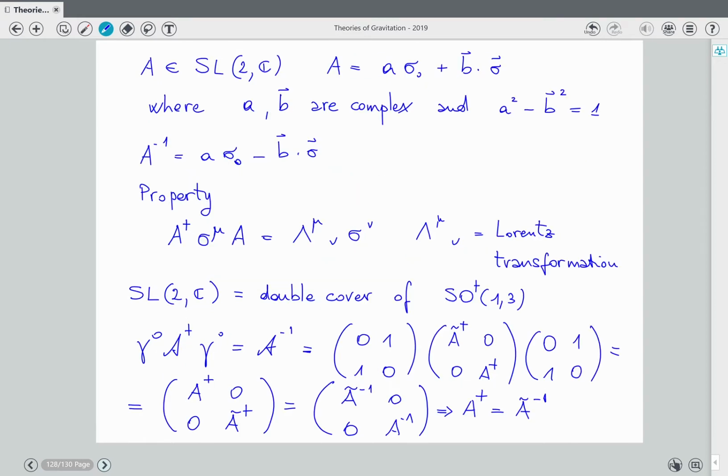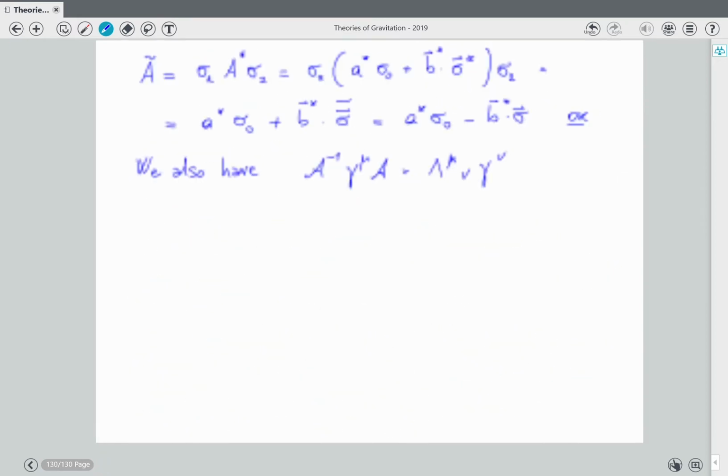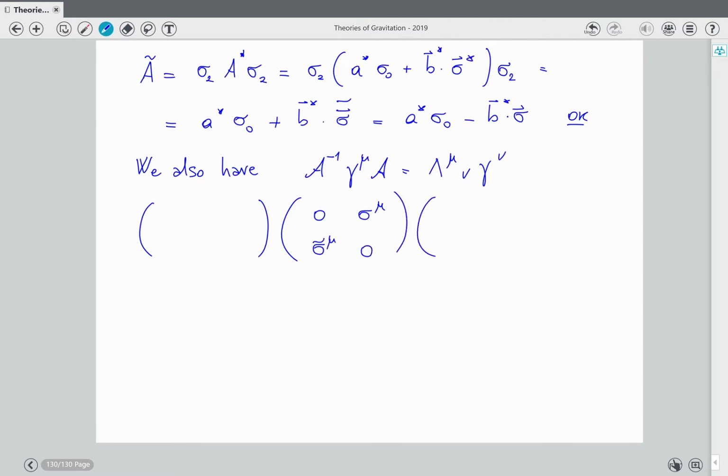That is indeed the case after we build the matrix A like that. So let's recall that sigma gamma mu is this, that A is this, and that A to the minus 1 will be this.